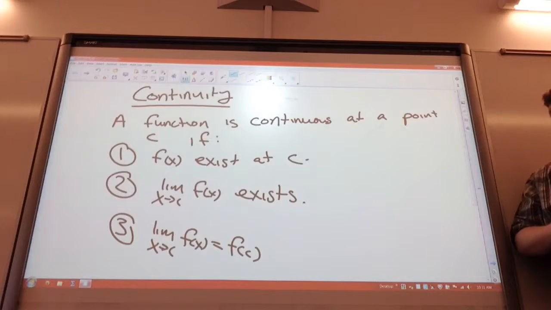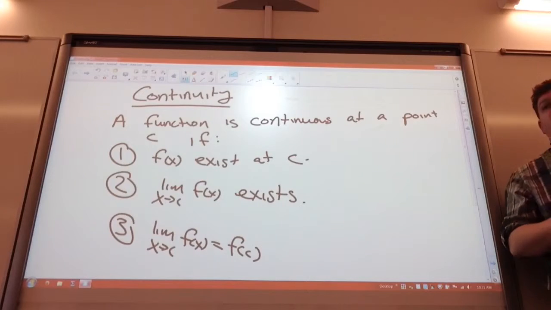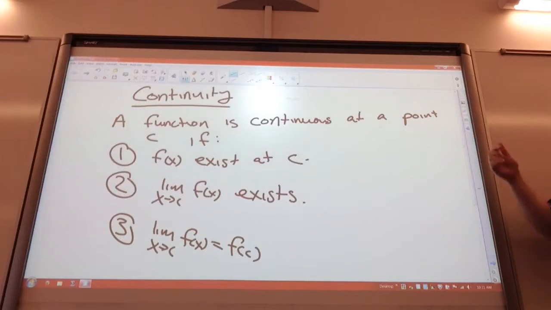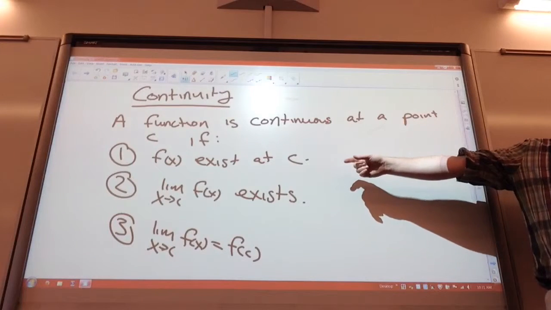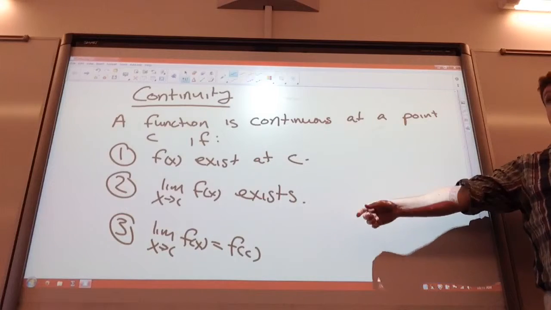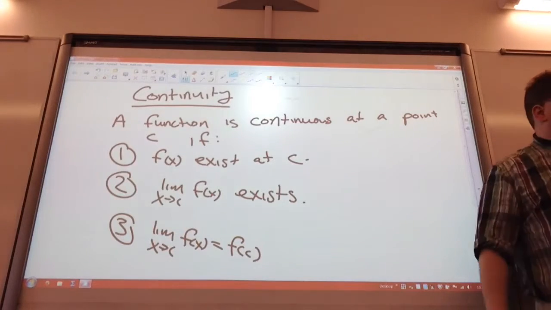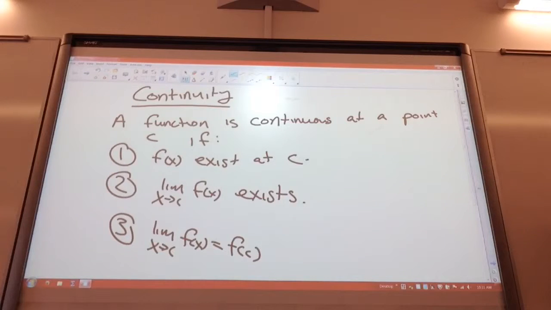And 3, the limit as x goes to c of f of x is equal to f of c, okay? So what this is basically saying is, for a function to be continuous, the function has to be defined at c, at whatever point you're at, the limit has to exist there, and the limit has to be equal to what the function was at c, okay? That's essentially the 3 conditions. If all 3 are met, the function is considered to be continuous at that point, okay?